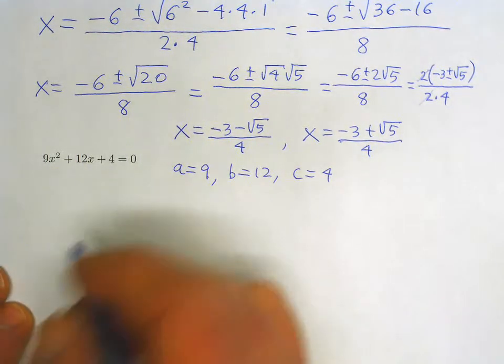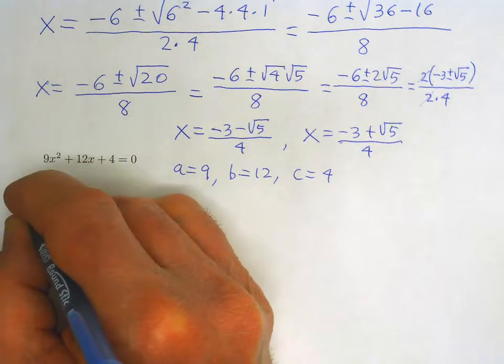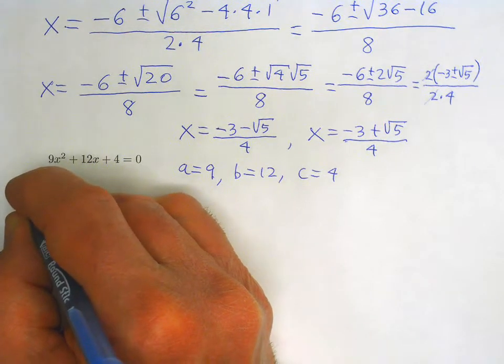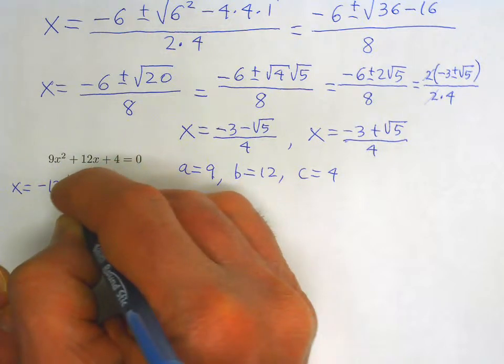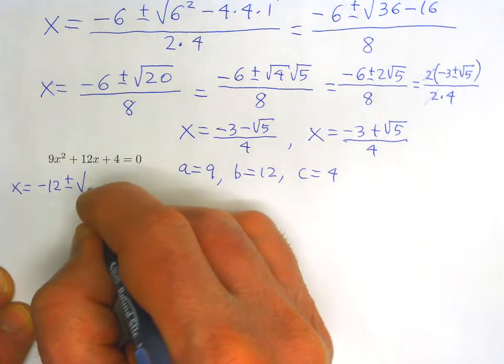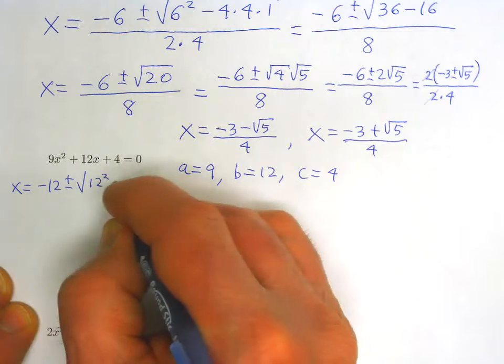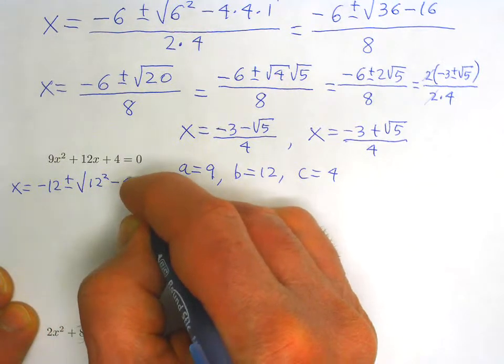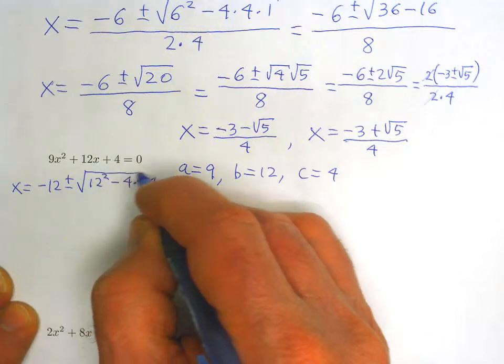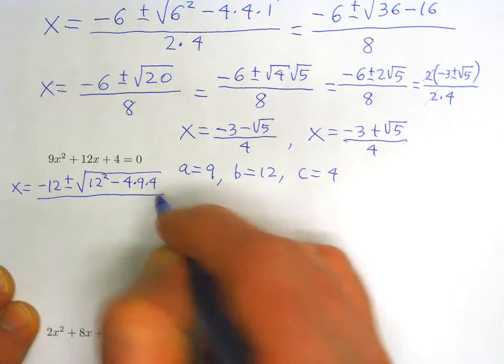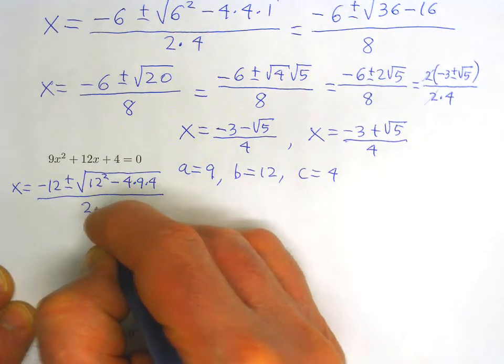So using the quadratic formula, we get x equals the negative of 12 plus and minus the square root of 12 squared minus 4 times 9 times 4, all divided by 2 times 9.